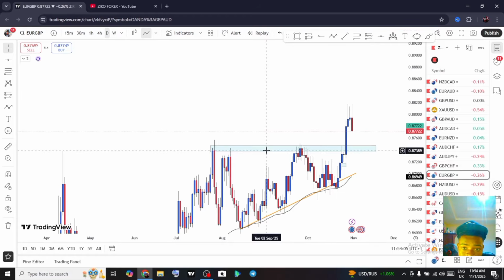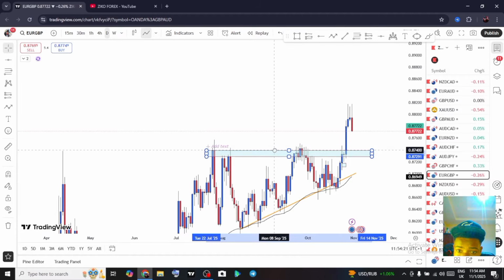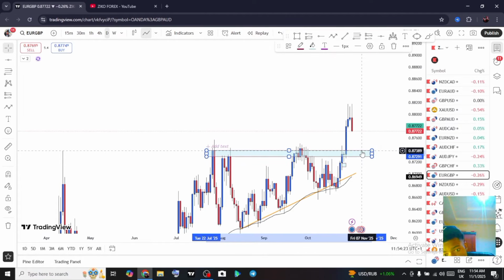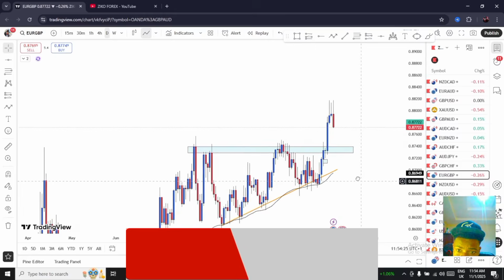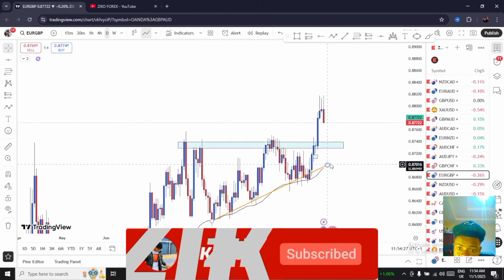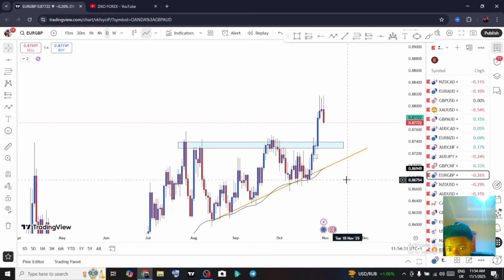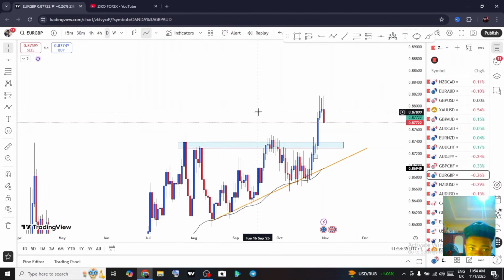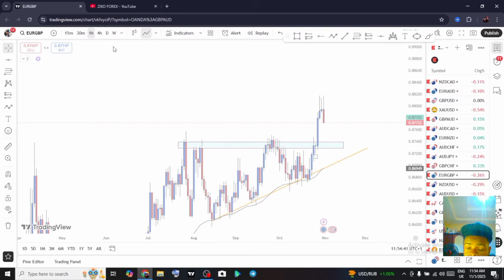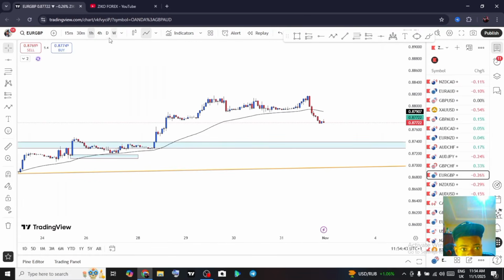All right, I don't even know whether to buy or sell this market, but let me see. This market is supposed to be buying from this area, but am I willing to add it for this week? I don't know if I'm willing to add it for this week.